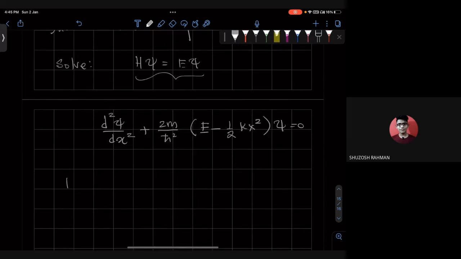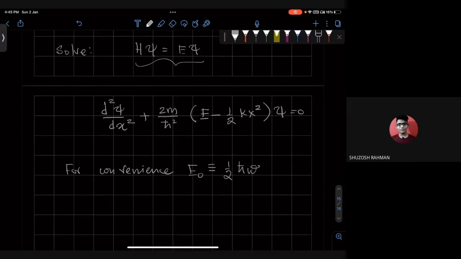For convenience, let us introduce a constant E0, which is half h bar omega. We express energy in units of E0, as some constant lambda times E0.